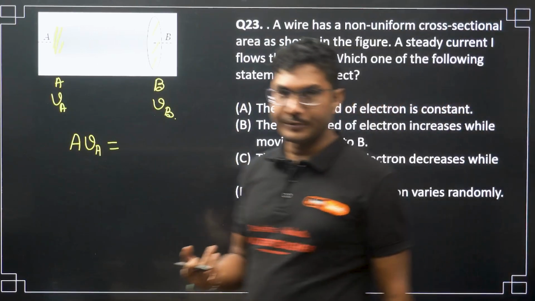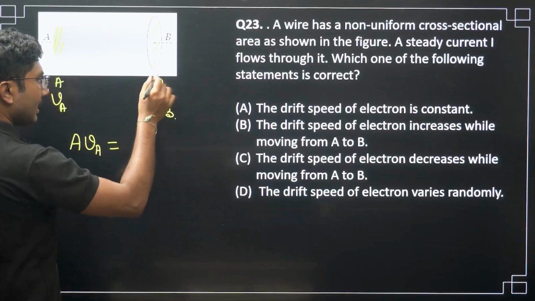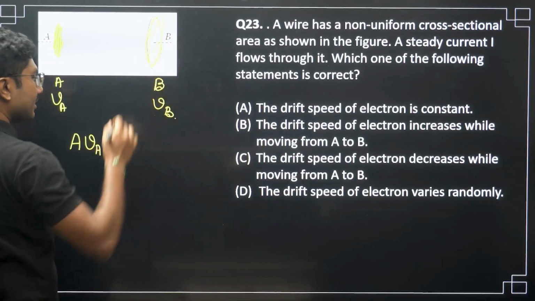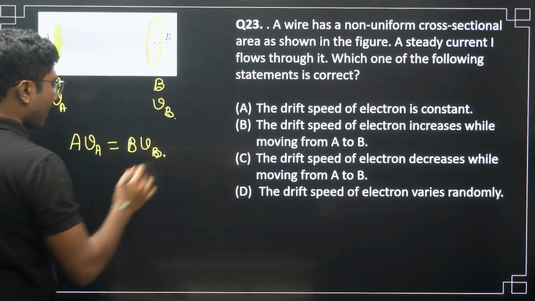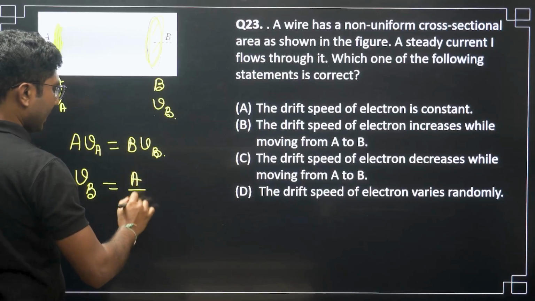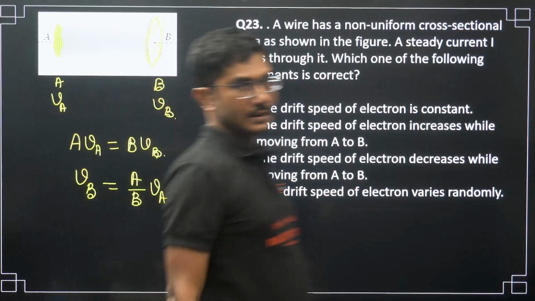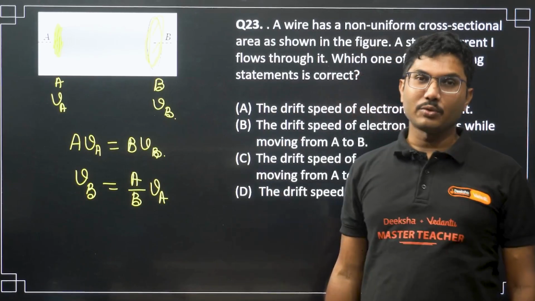So V into A is constant, and whatever V into A is for this point will be the same value for this point as well. So B into VB equals A into VA, so VB equals A by B into VA. Now we have to find out if VB is increasing or decreasing.